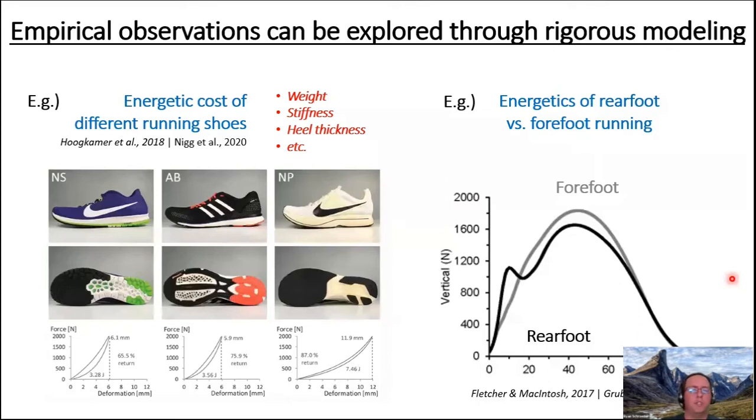So it may be that some of the reasons the energetics data behind rear foot and forefoot running are somewhat ambiguous is perhaps because there are just different trade-offs of where that cost manifests, even though it will eventually manifest somewhere. Anyway, these are just some examples to think about how you could apply a simple physics model to thinking about these questions.